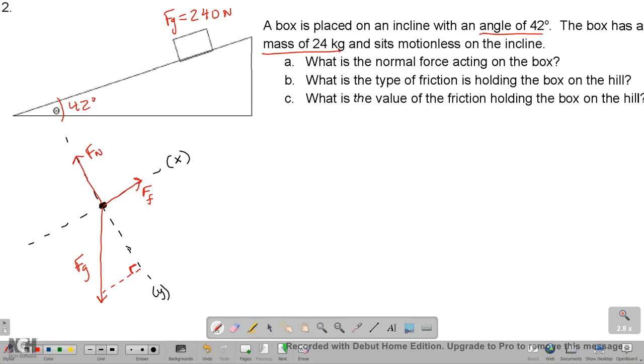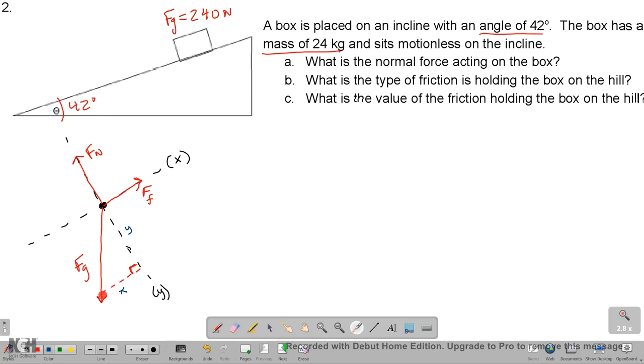And the reason that we need that is because this force right here, Fg, the weight of the box, is not all pointed straight down. It's broken into two components. It's broken down into the y component and the x component. And what this is saying is that part of this force right here is going straight down, and the other force is pulling down along the x-axis.